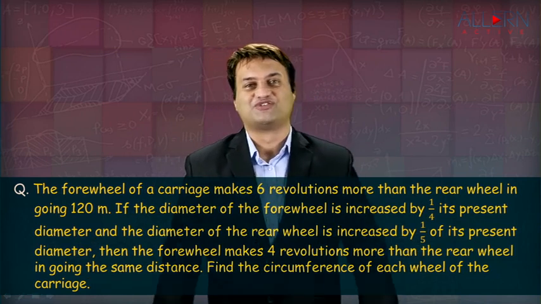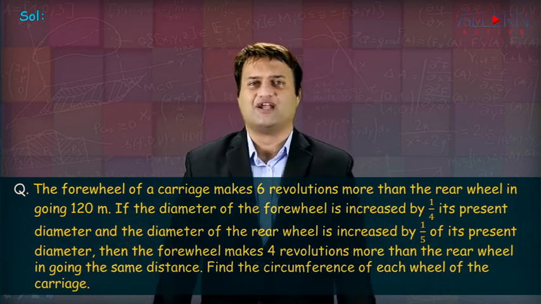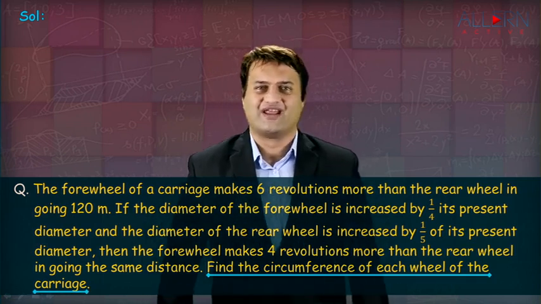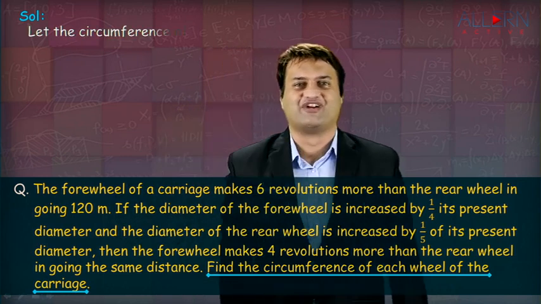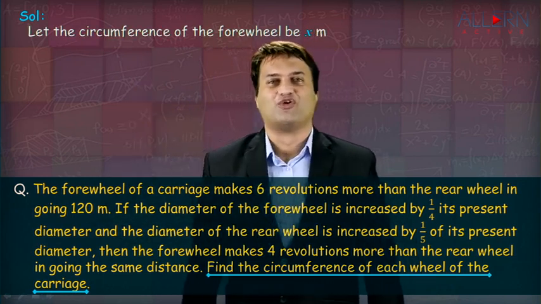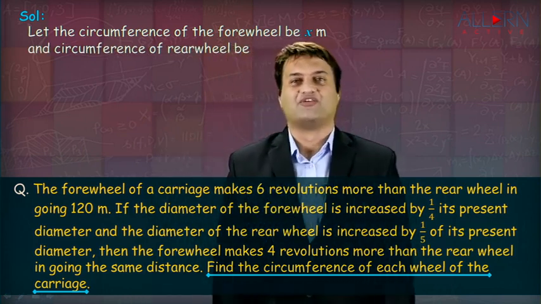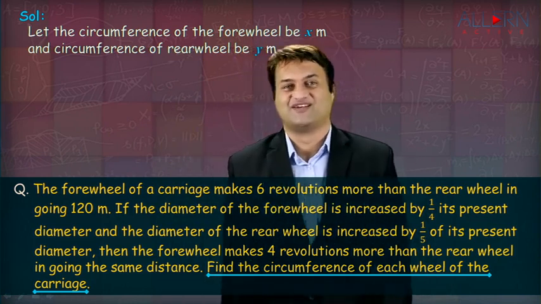Initially, as we always follow, don't try to understand anything initially, just read the last statement, and the last statement says find the circumference of each wheel of the carriage. So find the circumference of the forewheel and find the circumference of the rear wheel, so let the circumference of forewheel be x meters, don't forget to write the units, and let the circumference of rear wheel be y meters, don't forget to write the units, right?